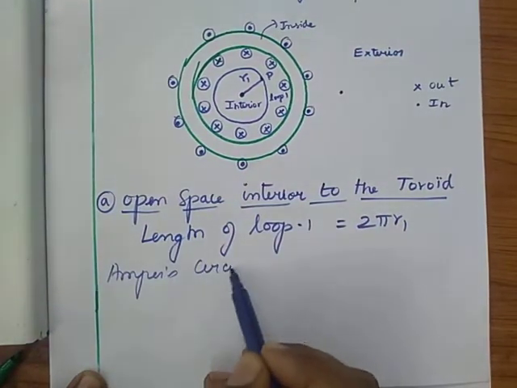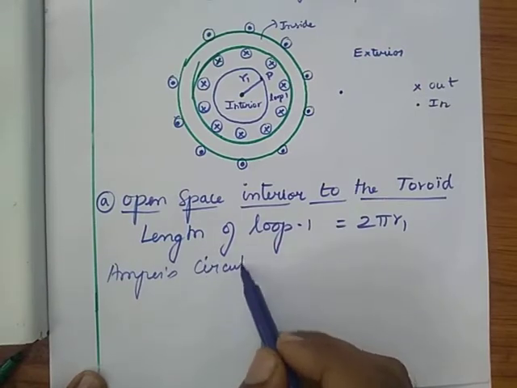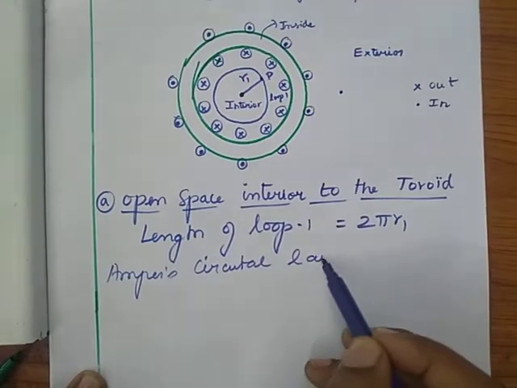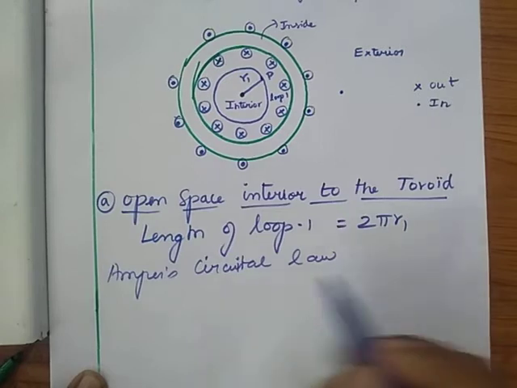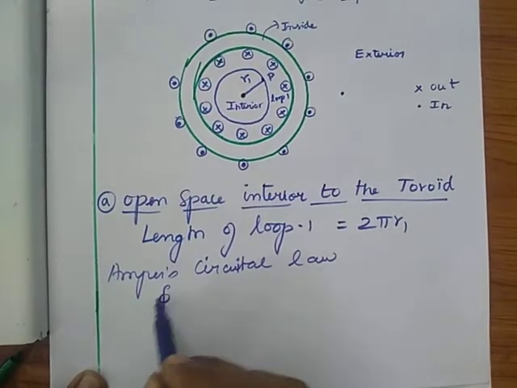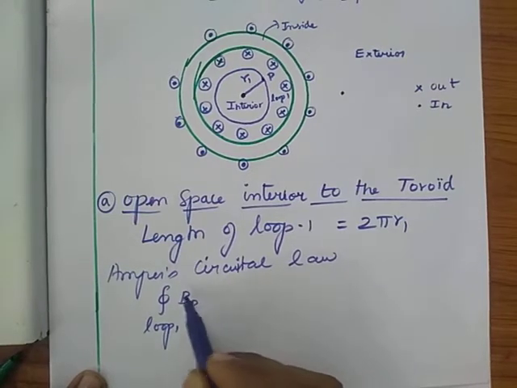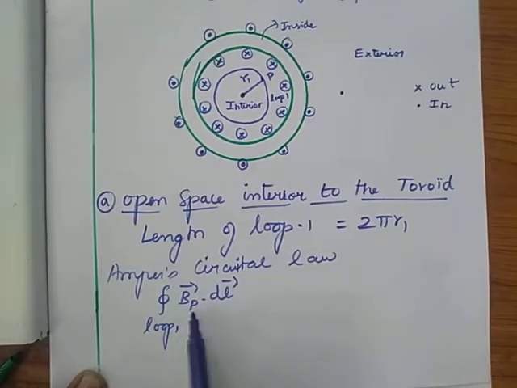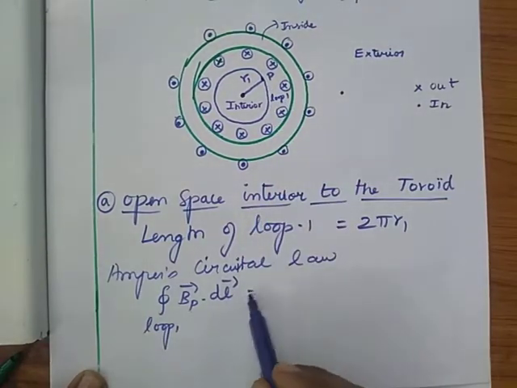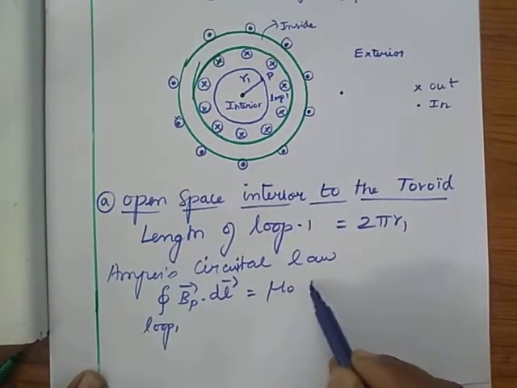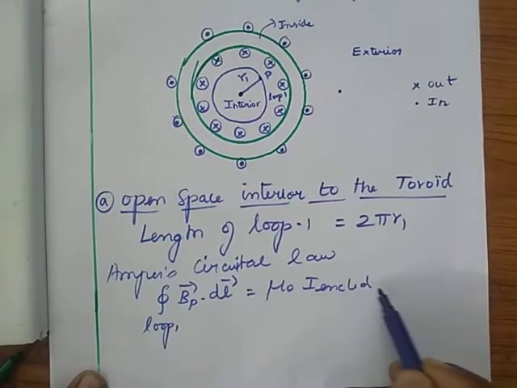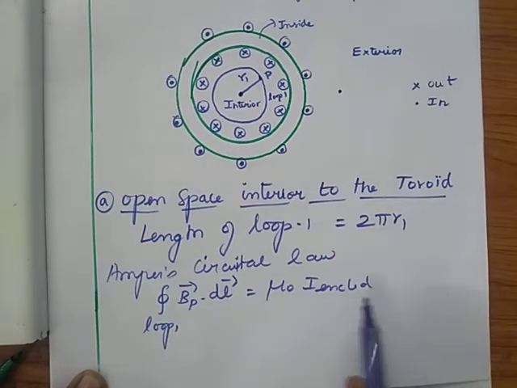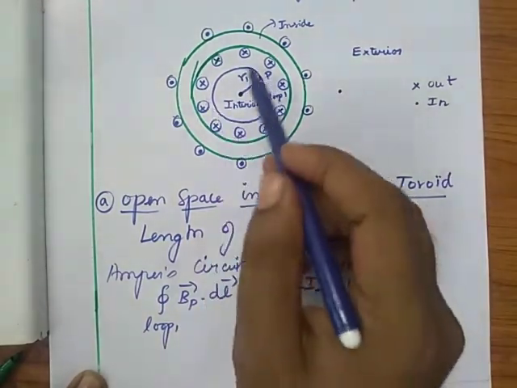Ampere's circuital law: closed loop integral over loop 1 of B_P vector dot dl vector, because we need the magnetic field at the point P, is equal to mu naught I enclosed. I enclosed is the current enclosed in loop 1.